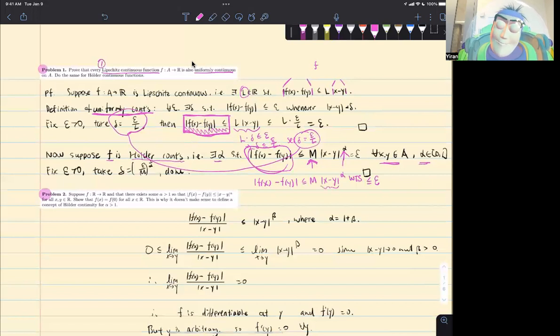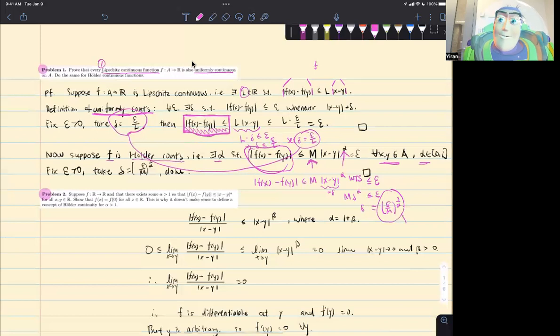So what you do is you set this equal to delta. So you have M delta to the power of alpha smaller than or equal to epsilon. Therefore, take delta smaller than or equal to (epsilon over M) to the power of 1 over alpha. Therefore, you're done.